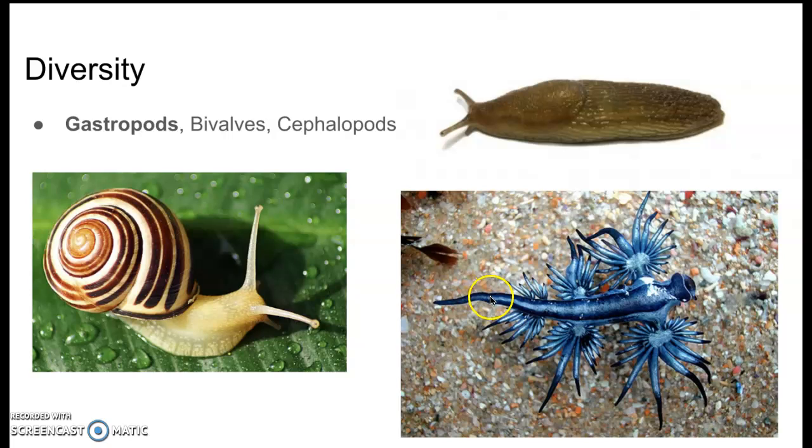And nudibranchs live in the ocean. And the snails are actually very diverse. They live in aquatic or terrestrial environments. They have the foot that is really not a foot, but we'll discuss it later, actually is on the underbelly next to the mouth, which we will see. So these are all gastropods.